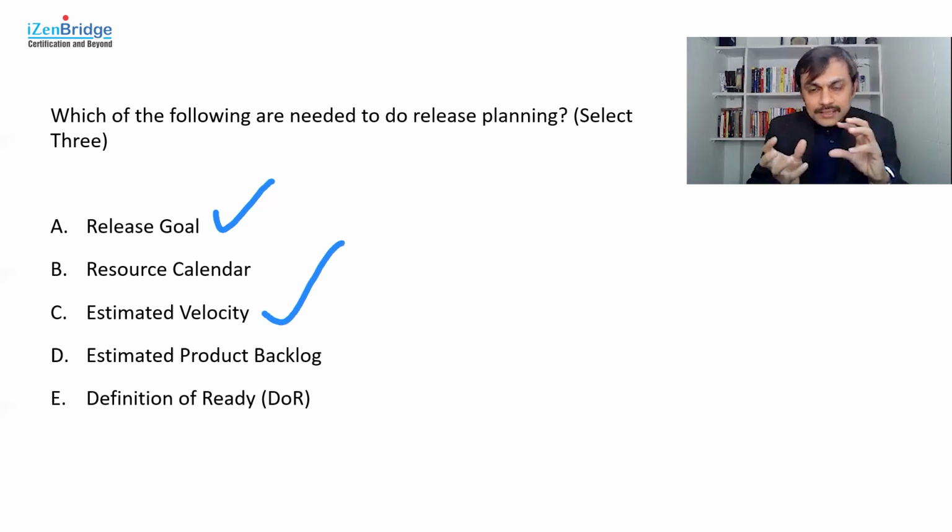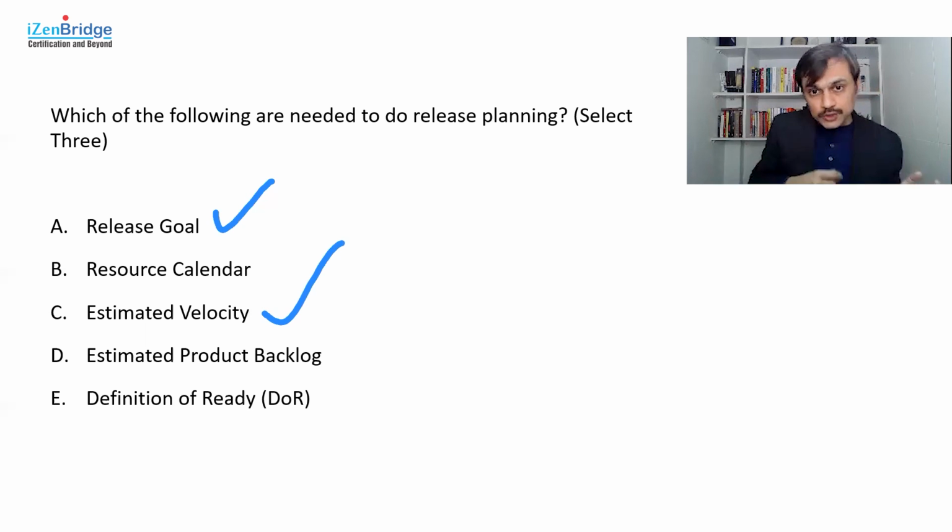Now, indirectly, the estimated velocity may consider who will participate in the upcoming iterations in order to achieve this release goal. So the number of team members, your holiday calendars and all those things will get accounted for when you estimate a velocity.